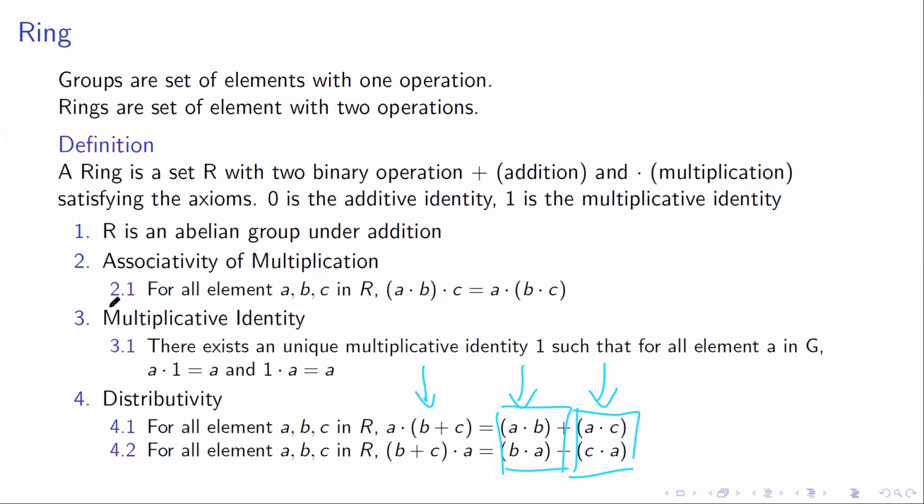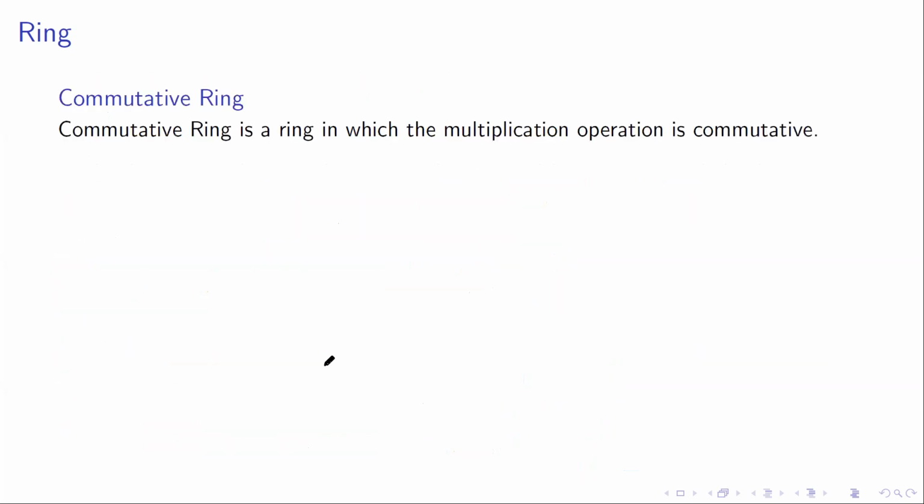Note that we don't really need a multiplicative inverse to be a ring. You just need these three: associativity, identity, and distributivity. And it's also an abelian group under addition. So this is what a ring is.